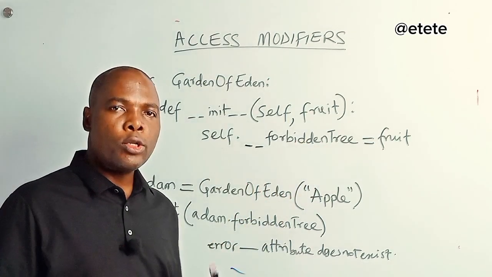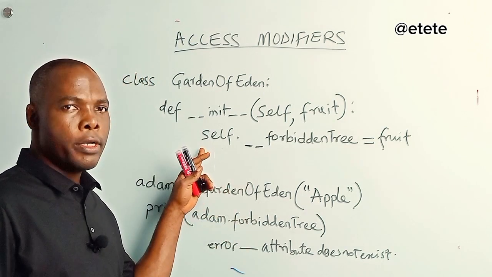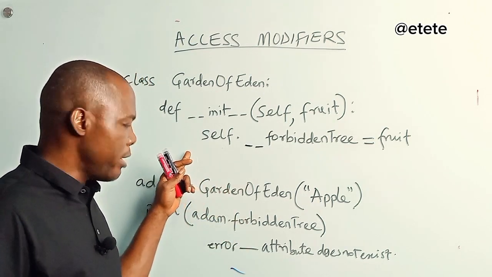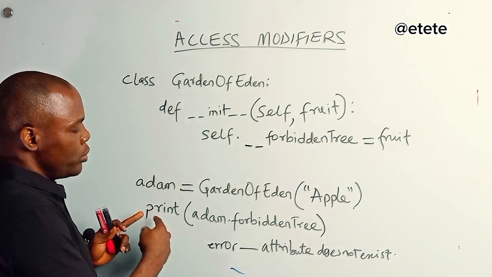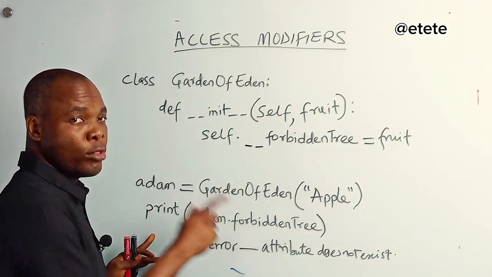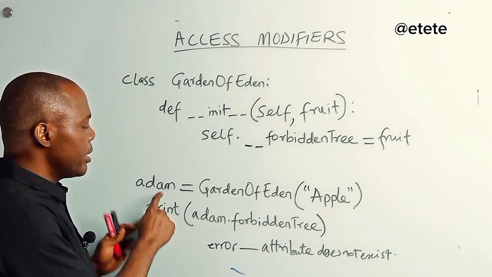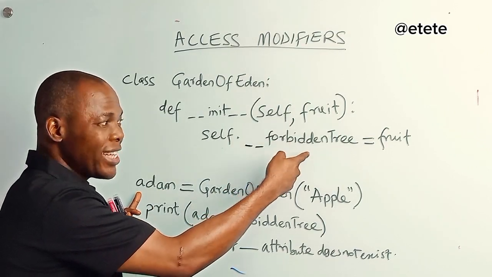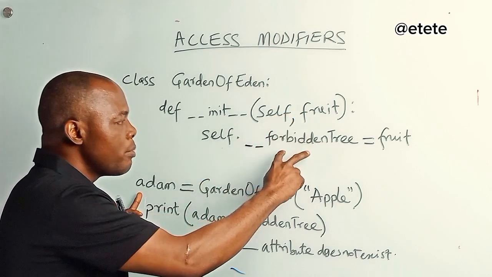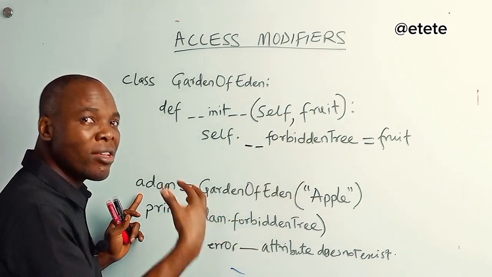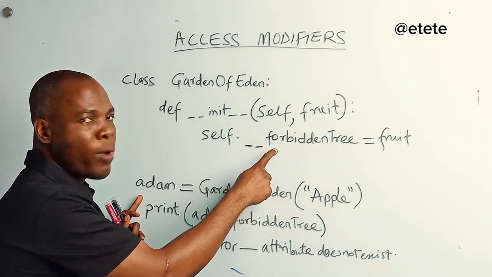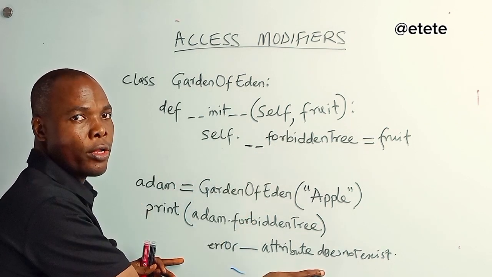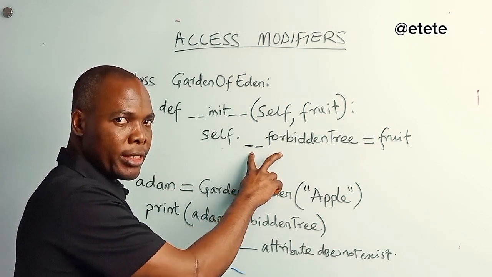Okay, so let's go to PyCharm and let me show you a demonstration of this, where you will try to access this and it will throw you an error telling you that this object does not have this attribute. But you can see that the attribute is existing inside. But because you are trying to access it from outside of the class, that is why it's going to throw you this error, because this is protected, right?